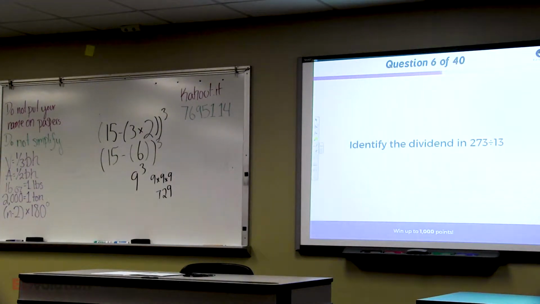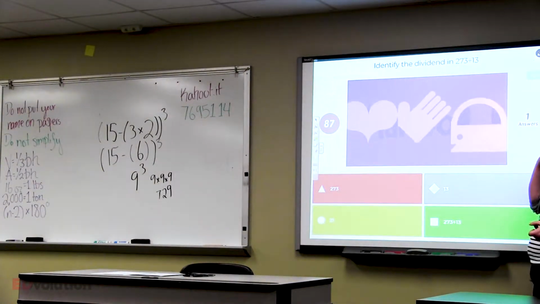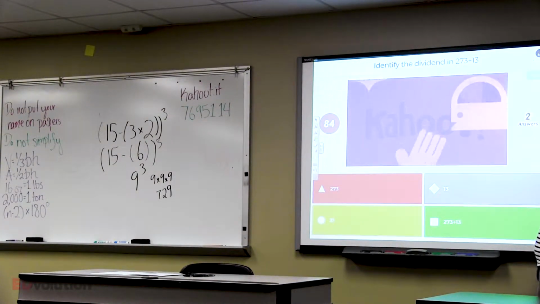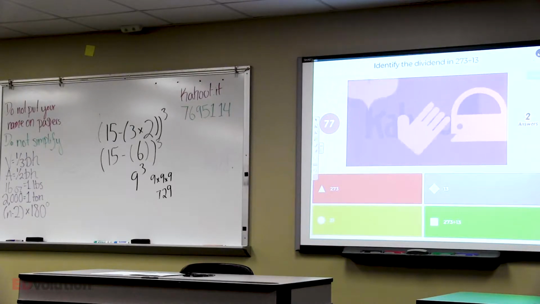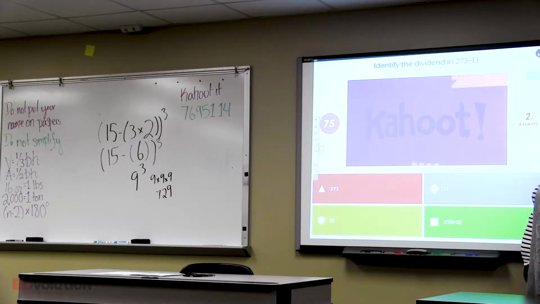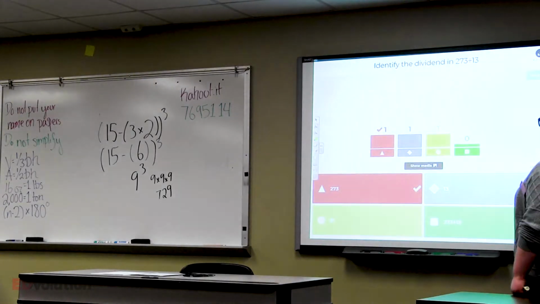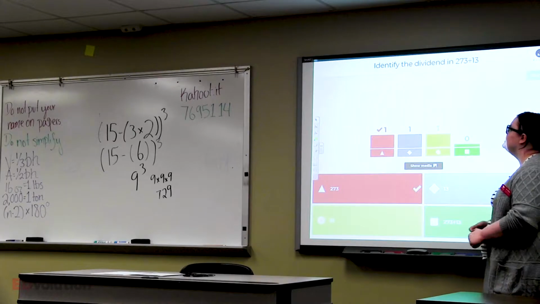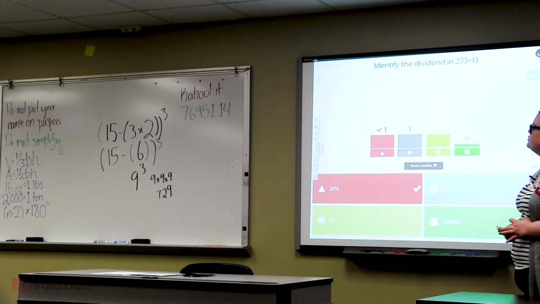Identify the dividend in 273 divided by 13. Excuse me. So for dividing, you have 3 parts of division: the dividend, the divisor, and the quotient.